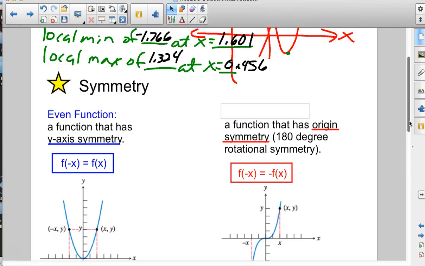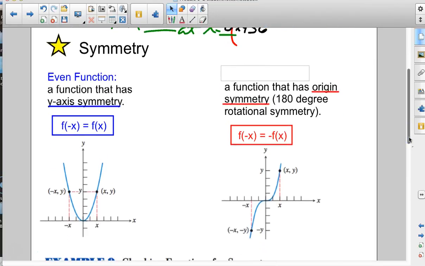We're really saying, all right, when you take this and use it for a reflection across that y-axis, your x values are becoming negatives, but you get the same answer because all of these values for y are going to be exactly the same. Over here, this one is odd symmetry, an odd function.